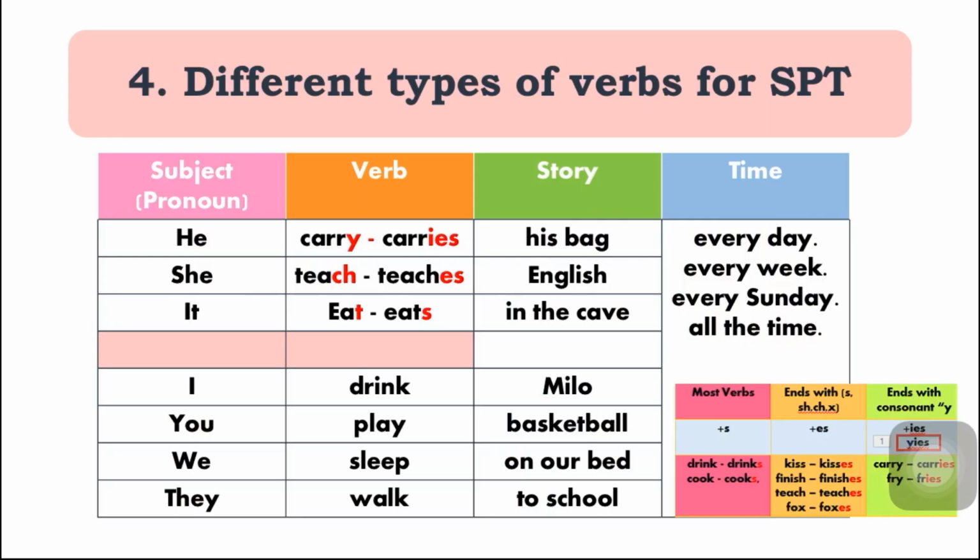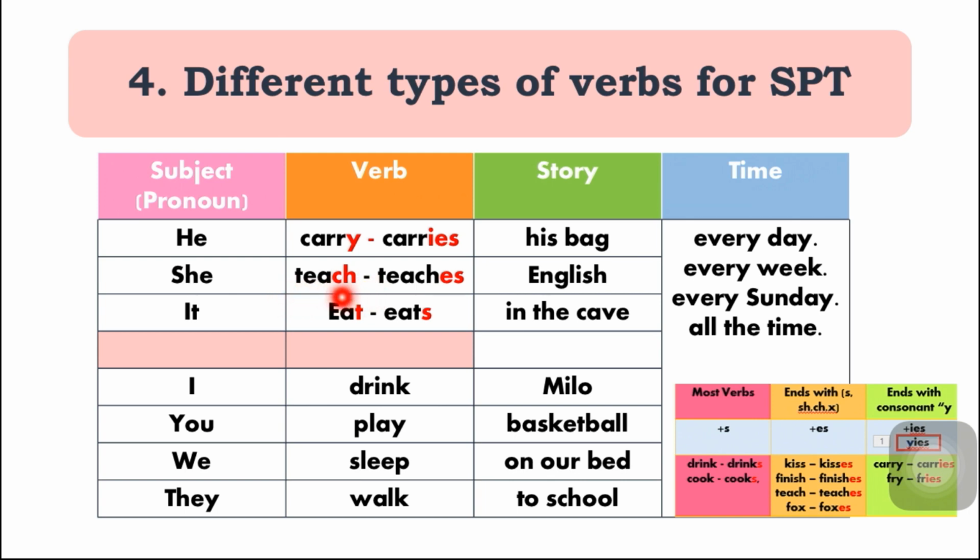So now let us practice the verbs that we have learned just now. For example, he carry his bag every day. So we see the letters R and Y. R is a consonant and there is Y, so we delete the Y and plus ies. So it becomes he carries his bag every day. The second one, she teach English every week.